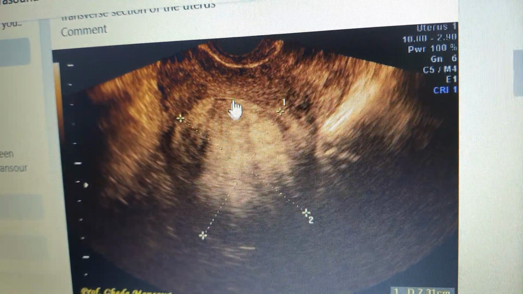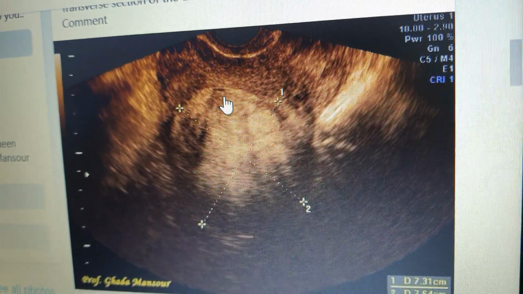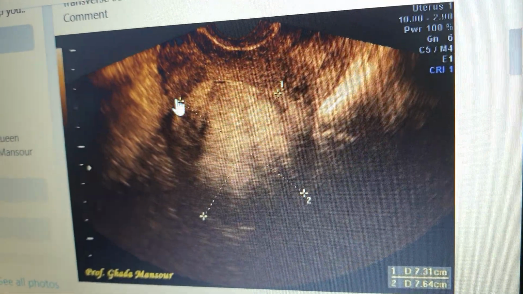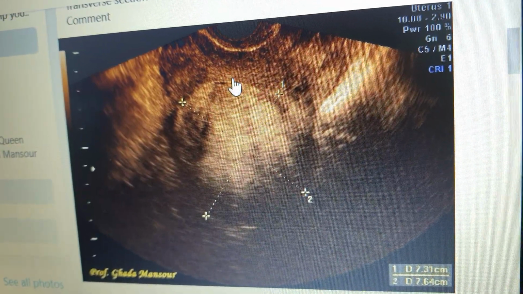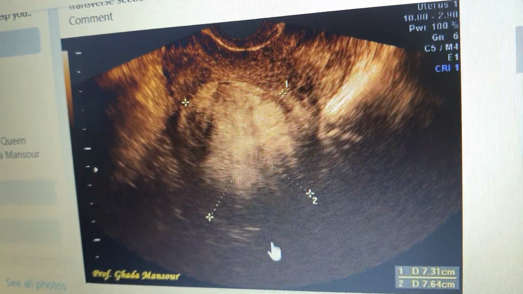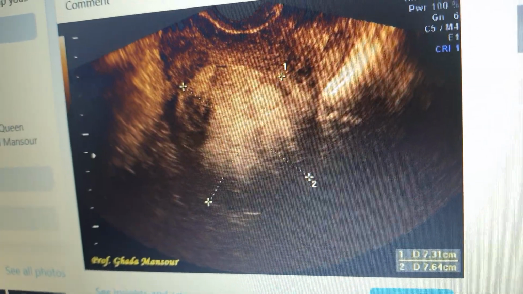You can see it's here encroaching on the endometrium. These are two different pictures. This picture is a transverse section of the uterus, in which you can see the myoma is encroaching on the endometrium and is getting outside, reaching subserous. So this is 2 to 5, according to the classification we mentioned.